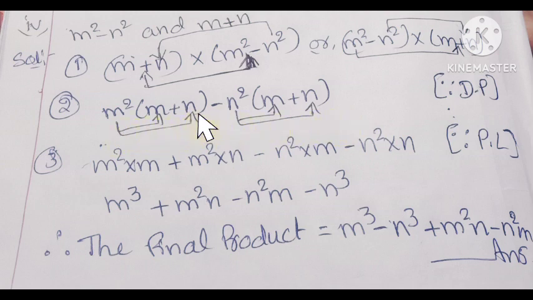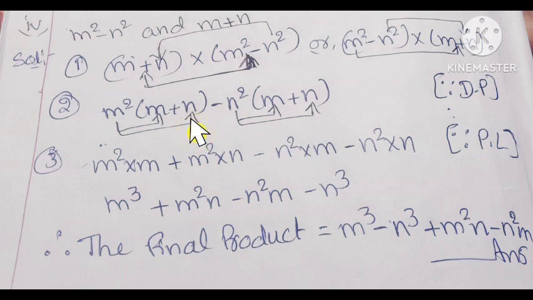M square into m plus n minus, the second term of the first binomial, that is n square, n square into m plus n, by using the distributive property. Again, the same property is used in this problem. M square into m plus m square into n.